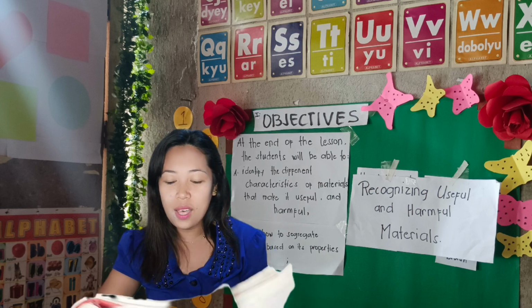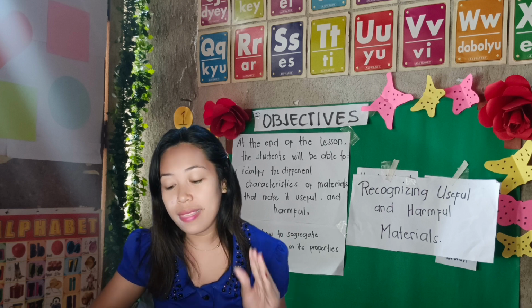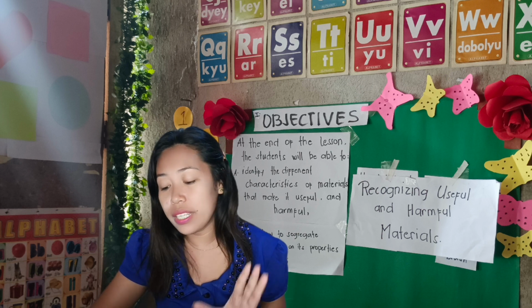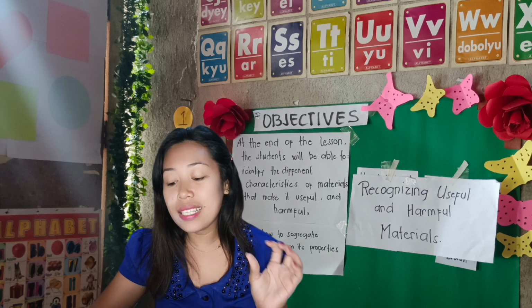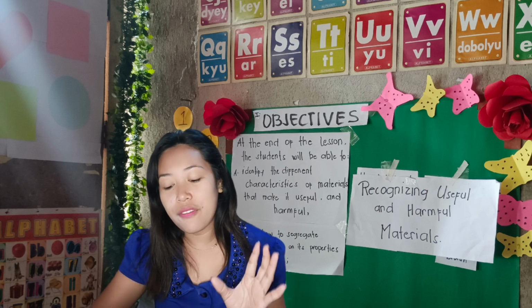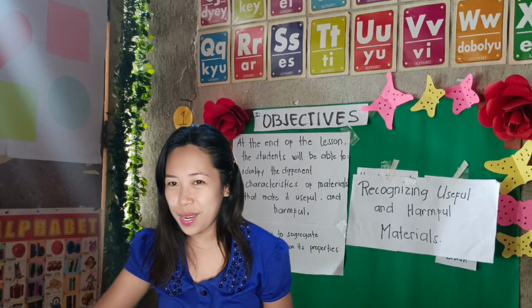Some useful materials can also be reused. Take, for example, a container for any solid or liquid material. When it is already empty, it can still be used for other purposes, such as a flower vase, a coin bank, or a house decor.